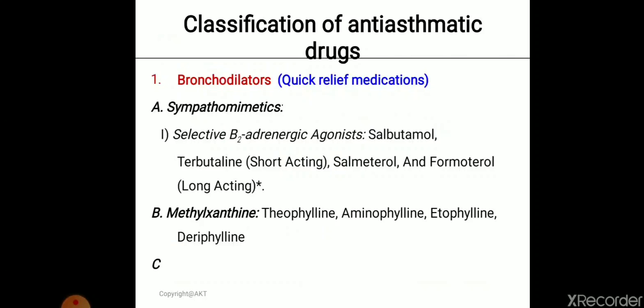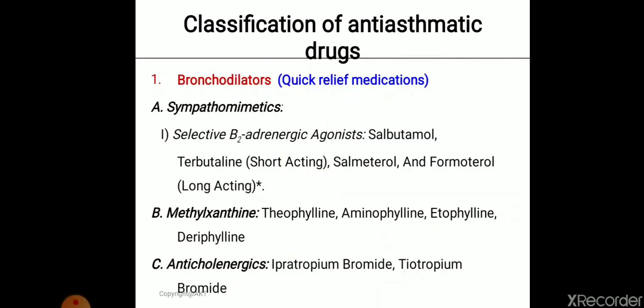Methylxanthines are the next class, also bronchodilators, like theophylline, aminophylline, etophylline or diprophylline. The last class is anticholinergics, ipratropium bromide and tiotropium bromide. These three classes belong to bronchodilators and they are quick relief medication, mainly used to relieve the bronchospasm associated with the asthmatic attack.